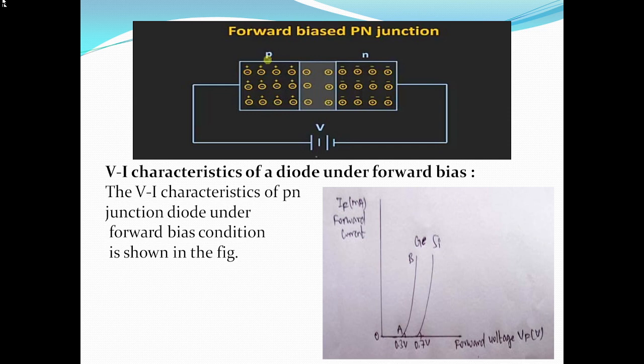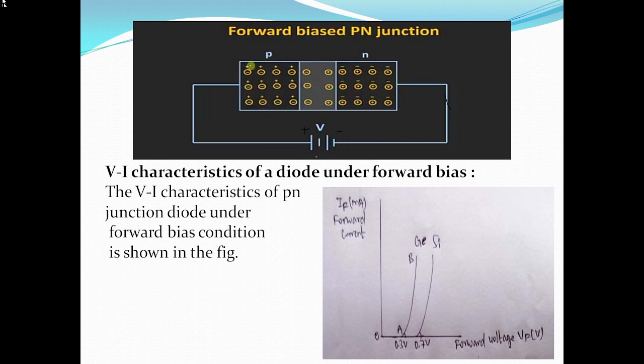Now, for this PN junction, we are applying forward bias. Forward bias means the positive terminal of the battery should be connected to the P-type semiconductor and the negative terminal of the battery should be connected to the N-type semiconductor. So what happens? What are the majority charge carriers in P-type? Majority charge carriers are holes.